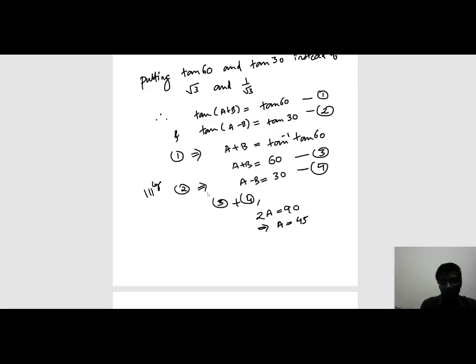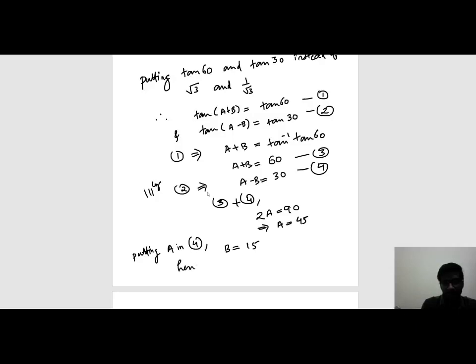Therefore, if you solve this, you will get b is equal to, let's put this 45 in equation 3 or 4. Okay, let's take in 4. Putting a in 4, we get b is equal to 15.